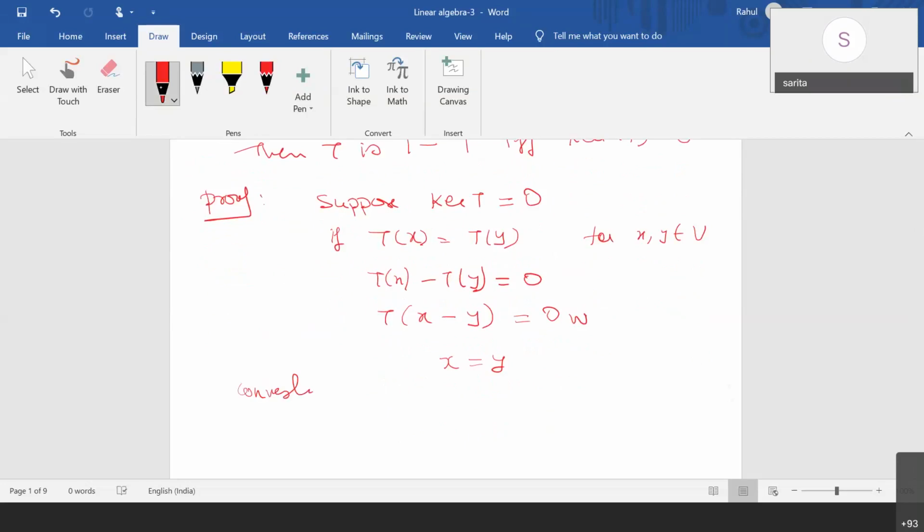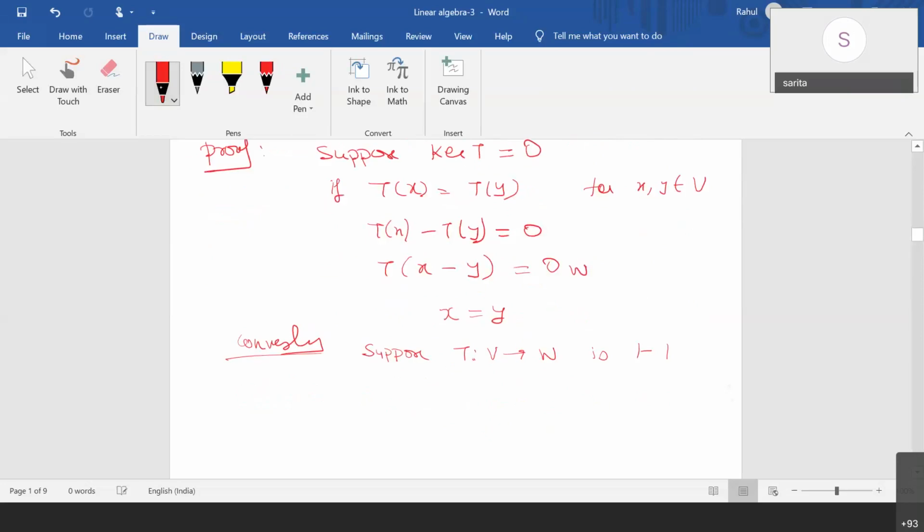Conversely, suppose this is 1 to 1 and x belongs to kernel T. Then Tx is 0 by definition.